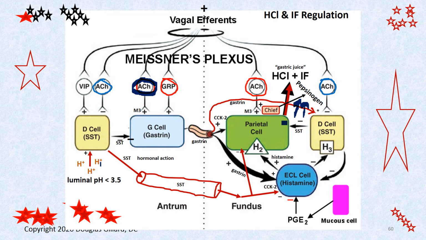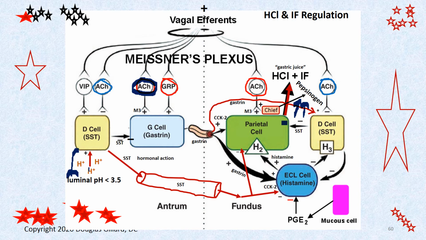The antral D cells in the pyloric antrum, they're called antral D cells, they are acid sensors. They actually taste the lumen. They have little snake tongues that taste the lumen of the stomach, the pH. And they're asleep.